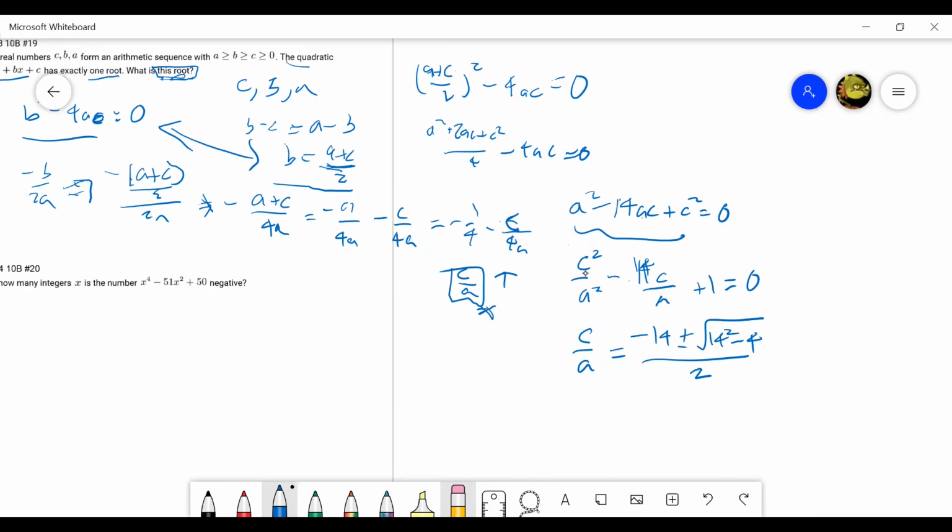If you let the ratio just equal a variable on its own, then you can make it a quadratic, which you can solve. So that's exactly what happens here. And basically this simplifies to 7 plus or minus 4 square root 3.